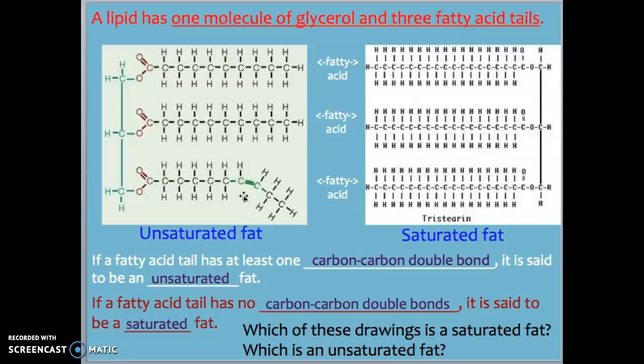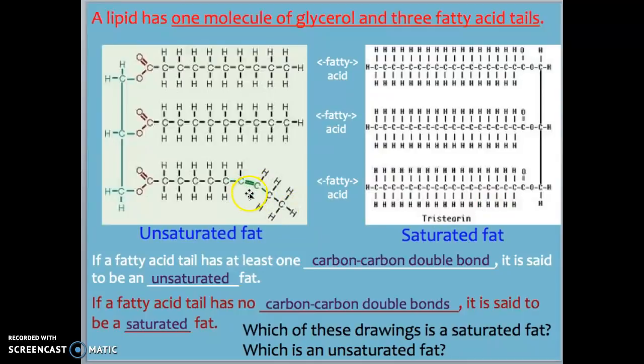And that kink is because of this double bond orientation making a bend in the last part of the fatty acid. So looking over here, I don't see any double bonds. There are no double lines between two carbon atoms over here. So this one is completely saturated with hydrogens.